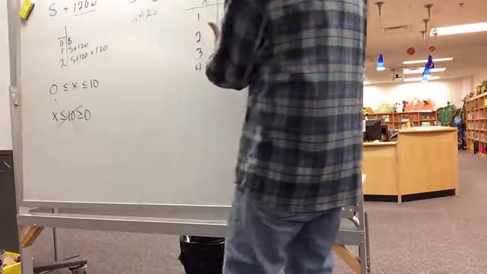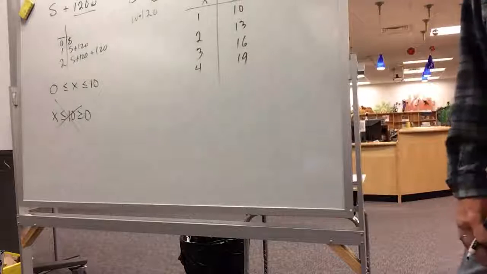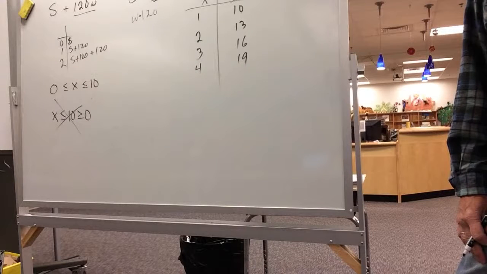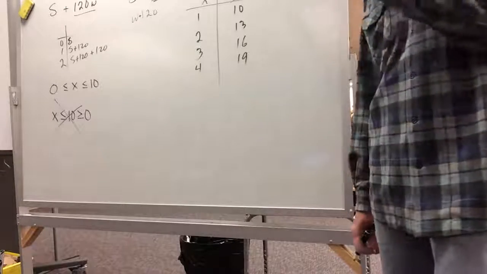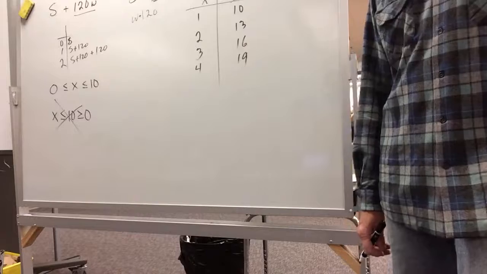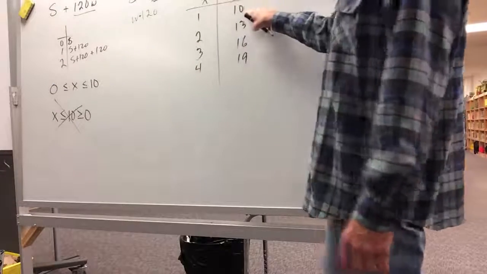So what's the rule to get from this number to this number? Nobody had the question, so that means every single one of you has an answer, right? What is the rule to take this number and get this number?